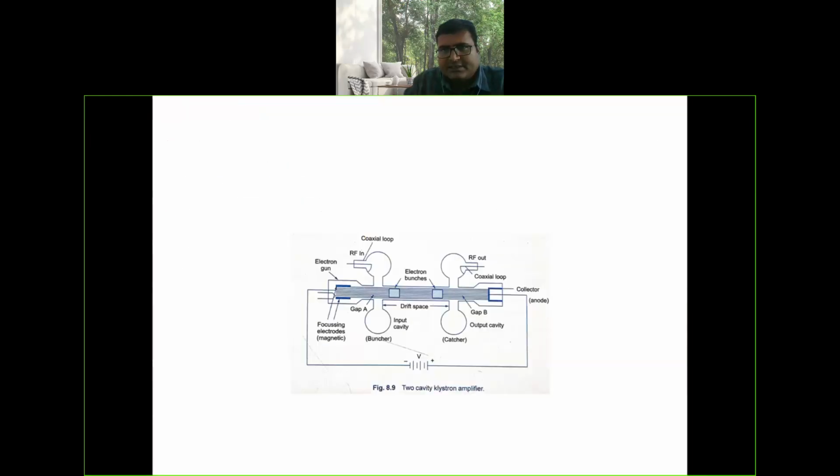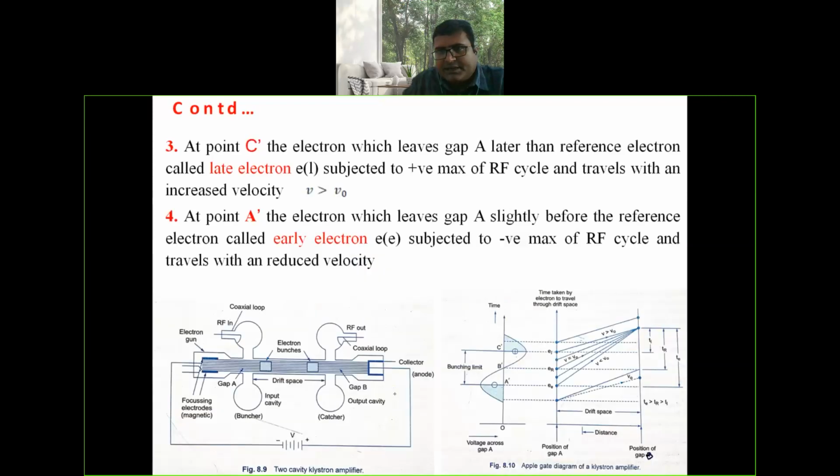Now here, how the bunching process is going on, let us discuss. These three electrons meet at this particular point, within the drift space. Bunching process means they are meeting at this particular point.